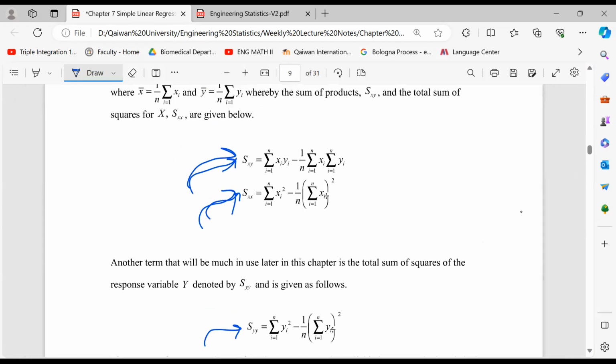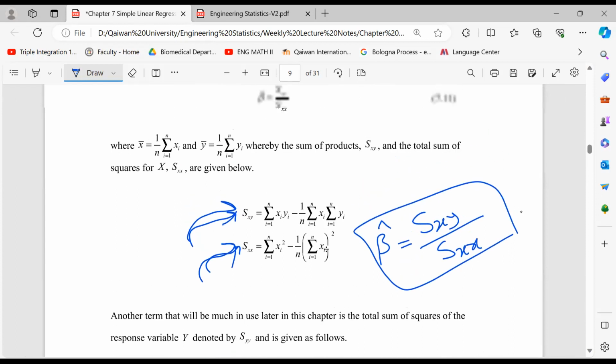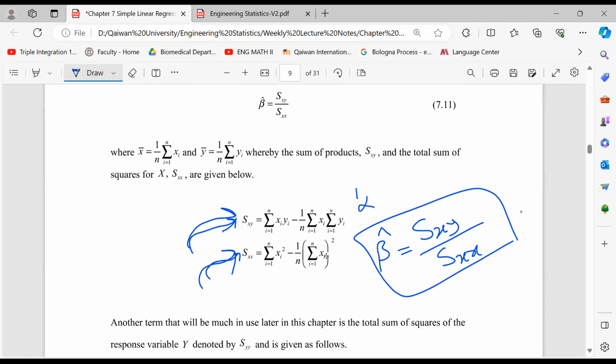Beta hat is S sub xy divided by S sub xx. And then alpha hat is y bar minus beta hat x bar. We studied x bar and y bar. They are means, the mean for y data and the mean for x data.